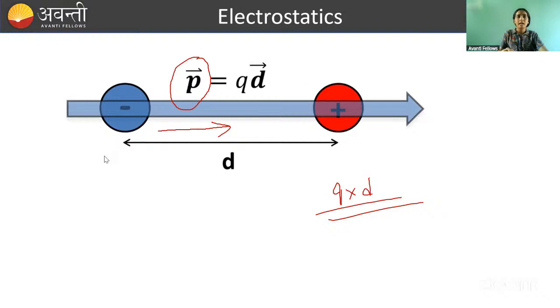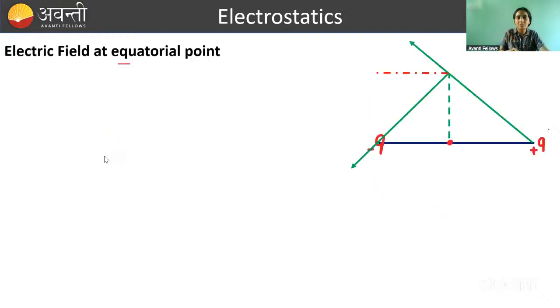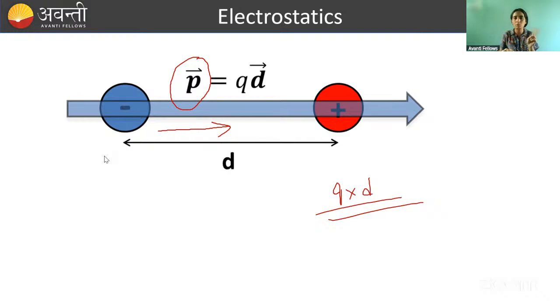ठीक है. After that, we calculated electric field at equatorial point. I told you there are 2 points in dipole. Two things I defined: end-on position, broad-on position. So for that, I defined the first equator, and that is basically center of dipole को fix करो.